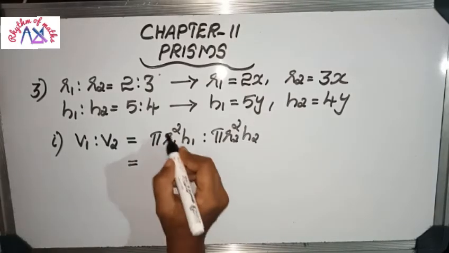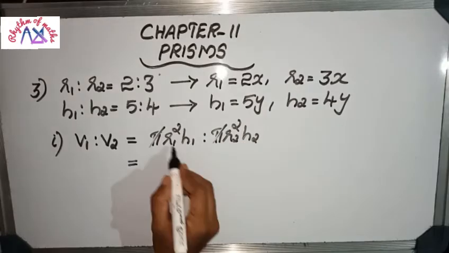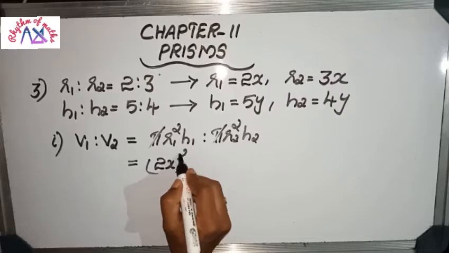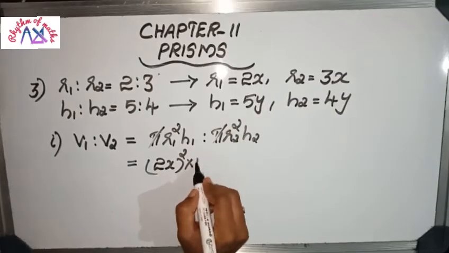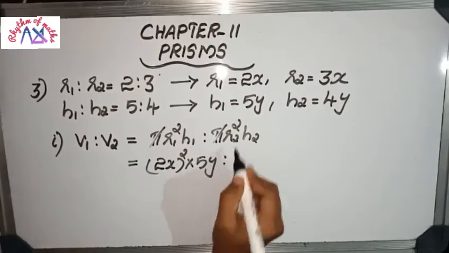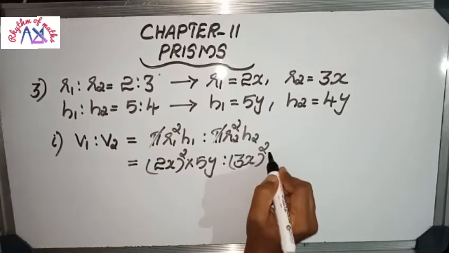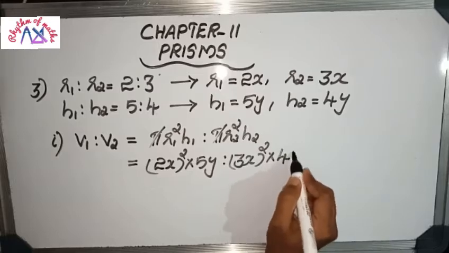Now let's apply the value. Before that pi and pi we can cancel. Now r1 is 2x the whole square into h1 is 5y is to r2 is 3x. So 3x the whole square into h2 is 4y.